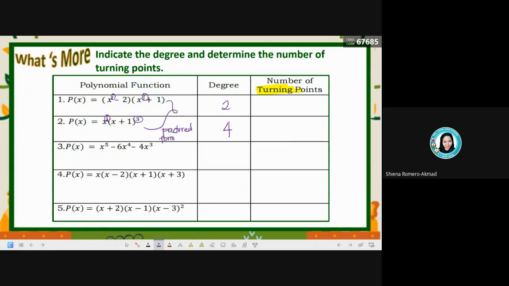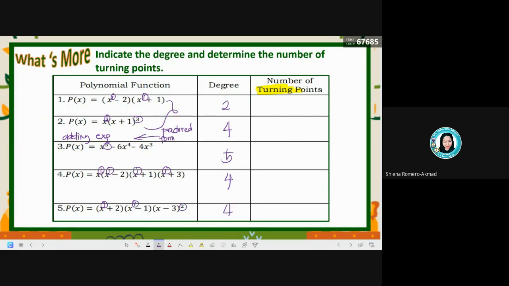Ang ginagawa natin dyan is, we are adding exponent. Pero pag hindi siya naka-factored form tulad nito, syempre kung ano lang yung pinakamataas. Ito, naka-factored form. So 1, 2, 3, 4. Ito, 1, 2, 3, 4.